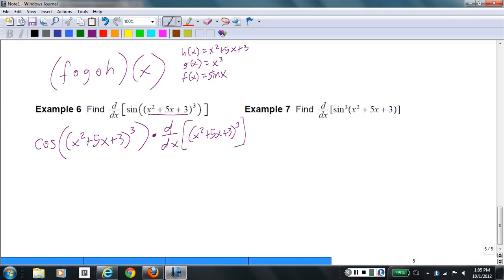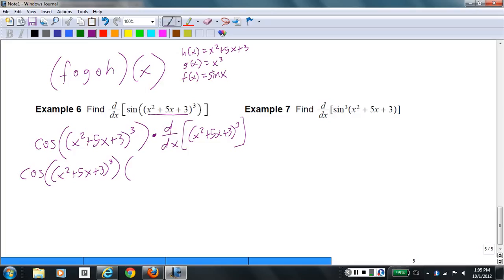Don't have to do much more with cosine. Maybe write cosine cubed instead of, well, no, I'm not cubing the cosine. I'm cubing the expression inside, so check that. Copy and paste that down below. Cosine of x squared plus 5x plus 3, that quantity cubed. Now, it's the derivative of something cubed. So we use the power rule, bring that 3 out in front.